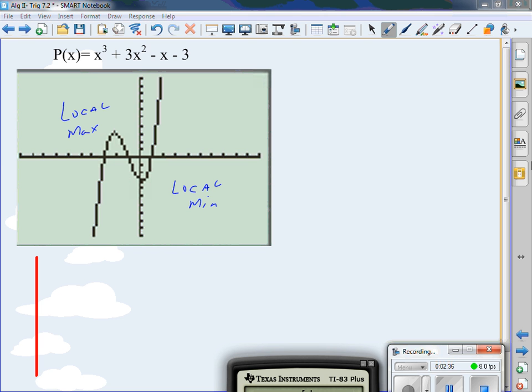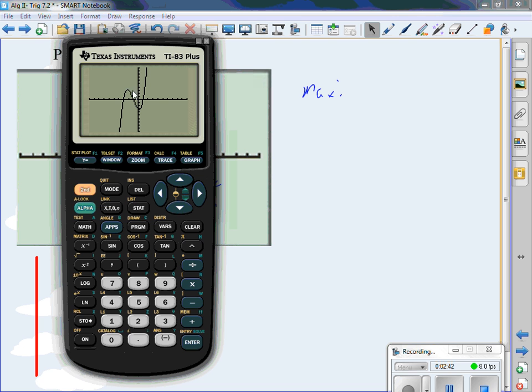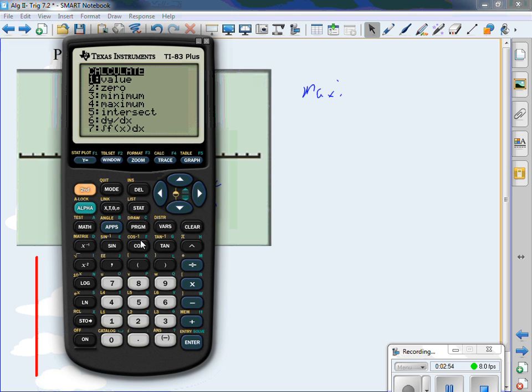So we're going to find our local max. How can I find out what this point is? Okay, we don't want to use trace because we want to know the exact points. Second, trace.